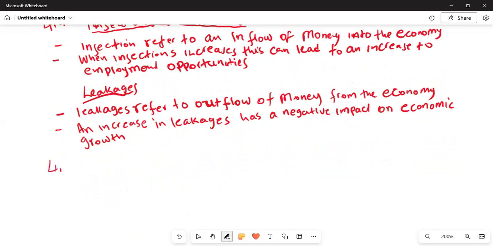Trade liberalization benefits developing countries.